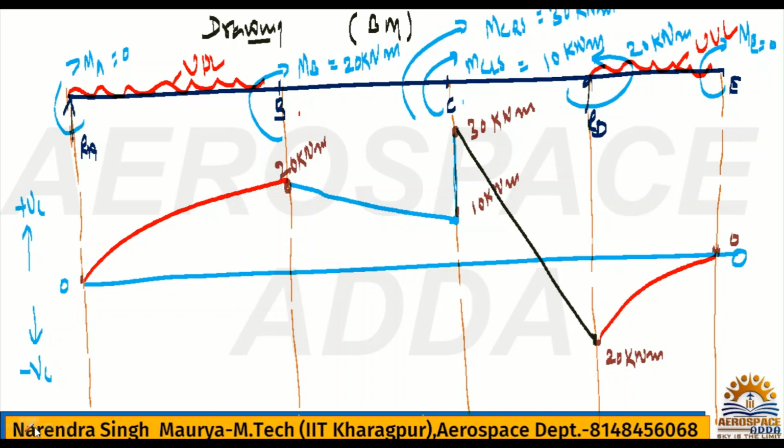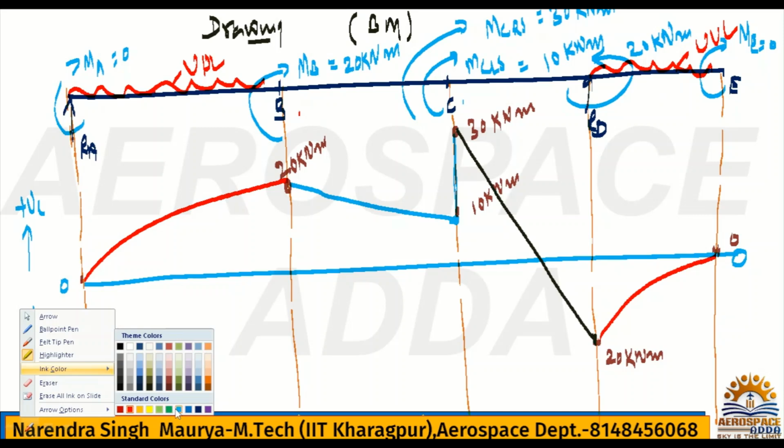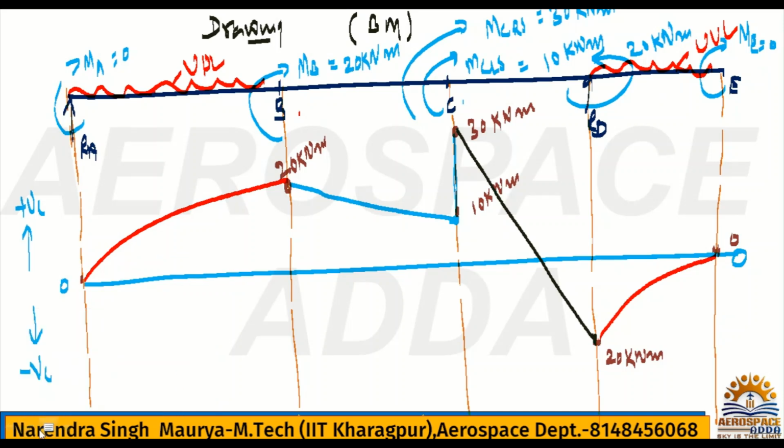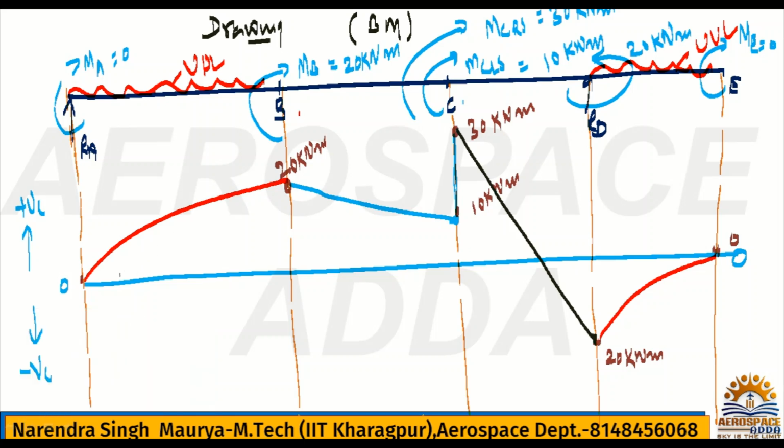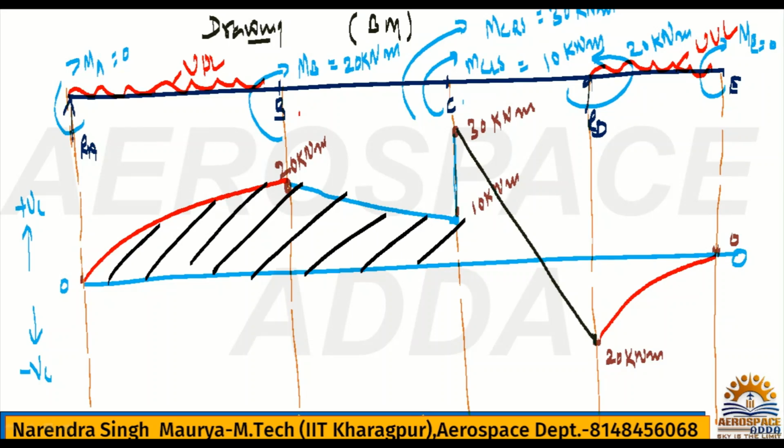All the values have been mentioned here, right? We just make a hatch line. If it is asked, is there any point of contraflexure?